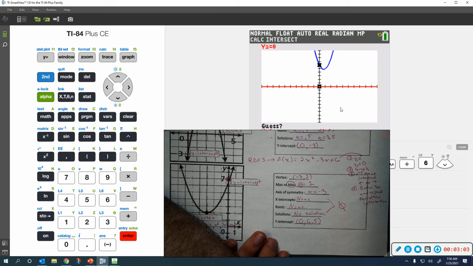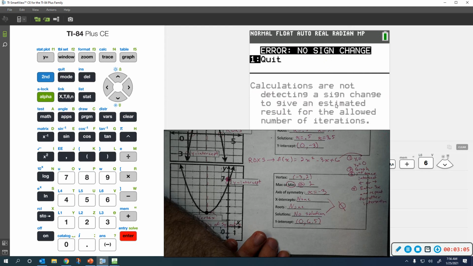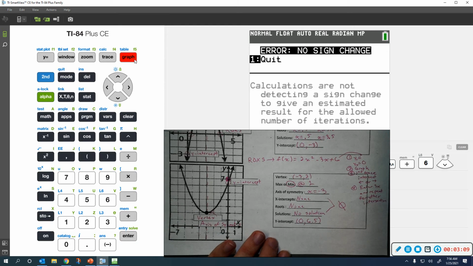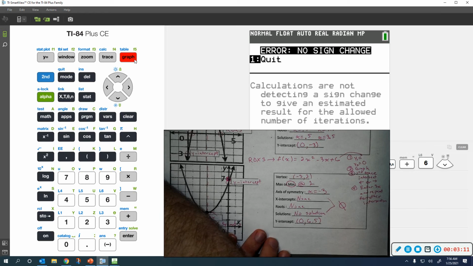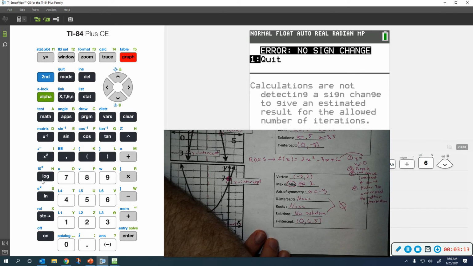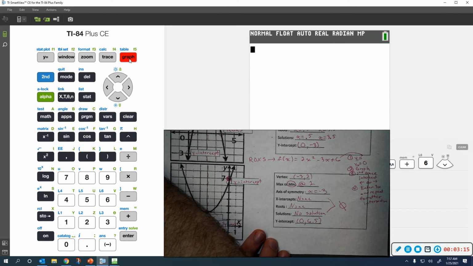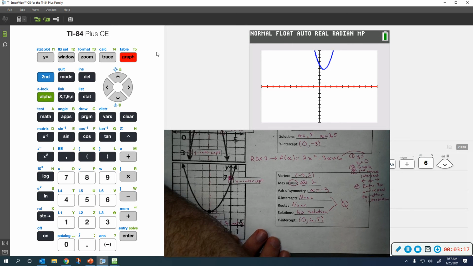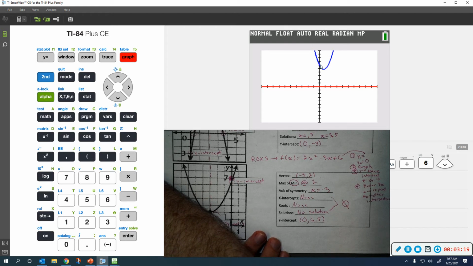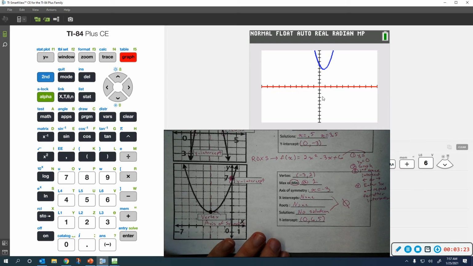But as you can see, these ones will not intersect. So this one will be no solution. But if they did intersect, you would see on the left side where it hits the x-axis, move it to the left. On the right side where it hits the x-axis. All right?